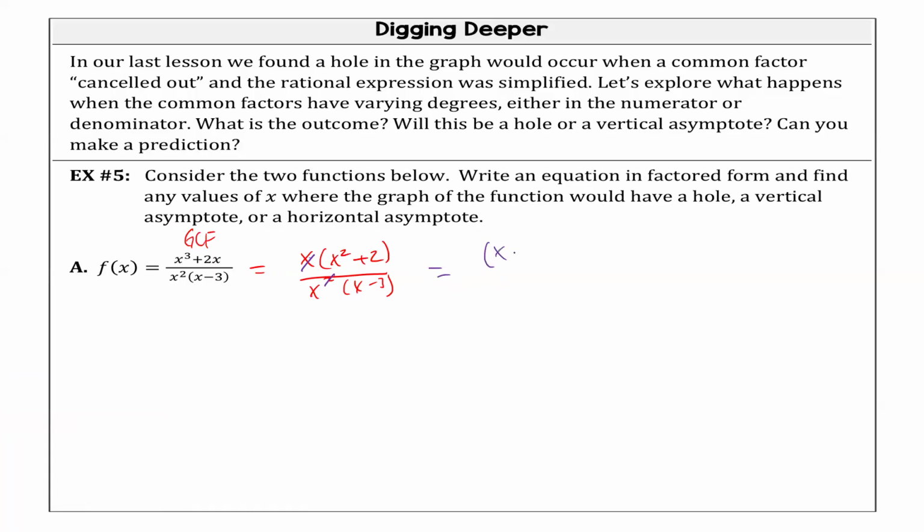It would still be a vertical asymptote, because there's still an x in the denominator. So we keep that x. Therefore, at x equals 0, there is a vertical asymptote instead of a hole.